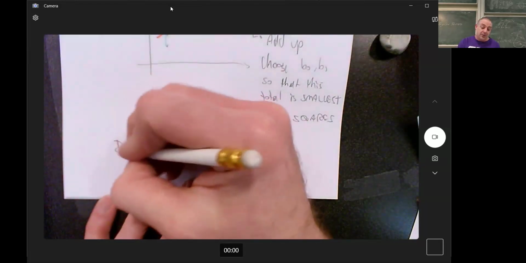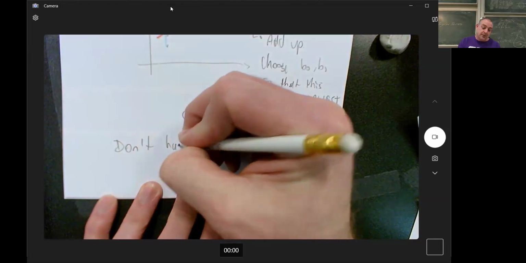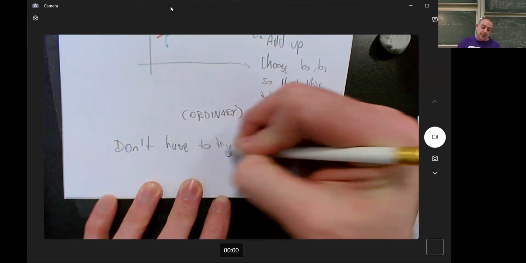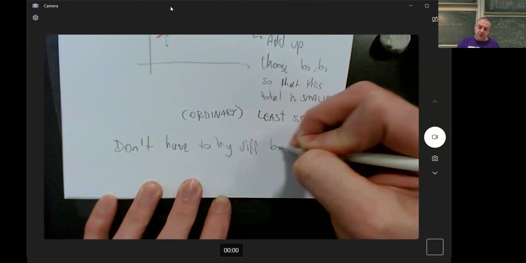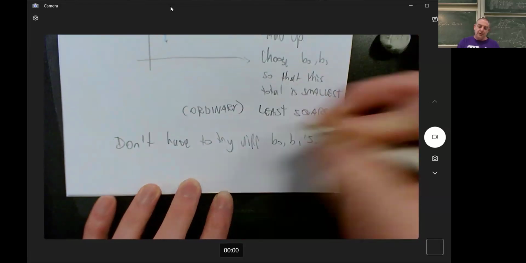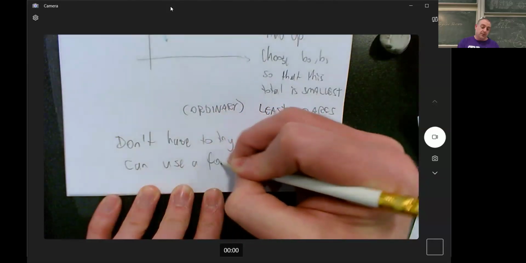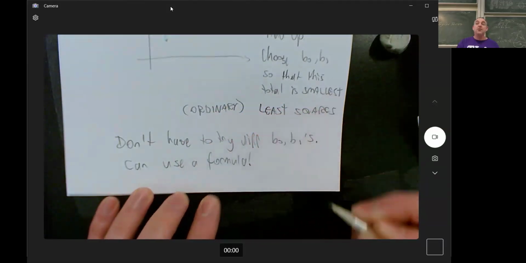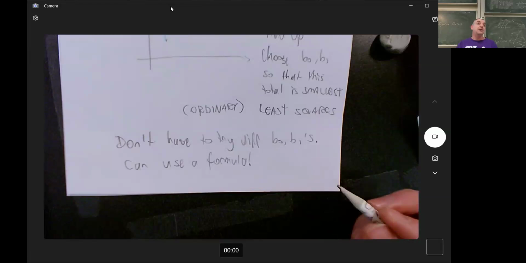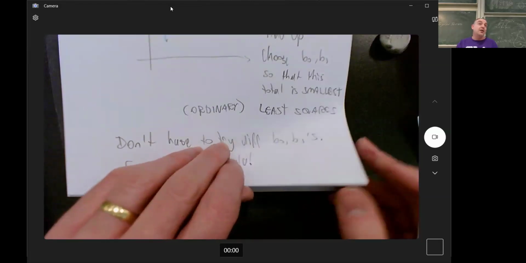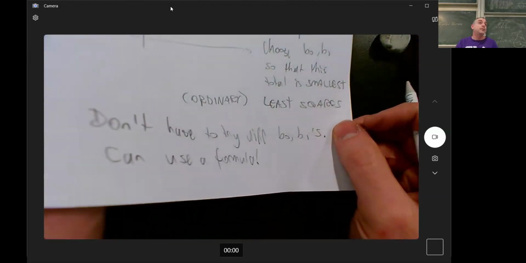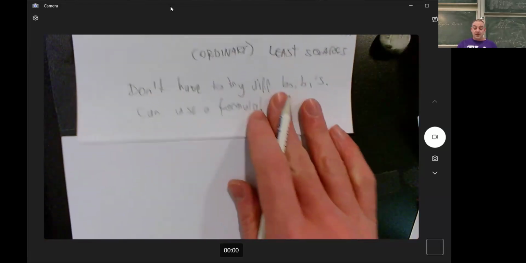So you don't have to try different B0 and B1s, and use a formula, which is really convenient and nice. And so when Excel is calculating them, it's just doing that formula. And the formula is this.